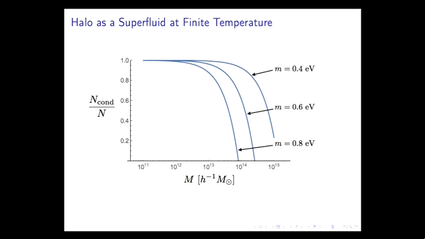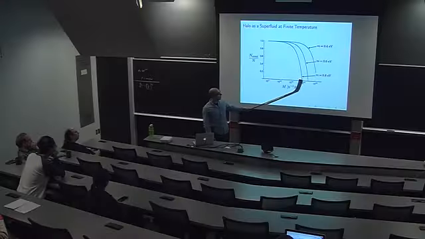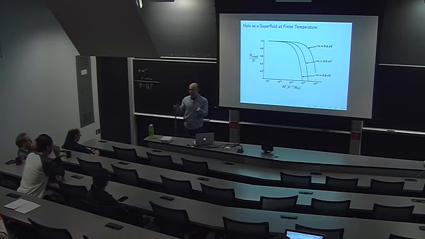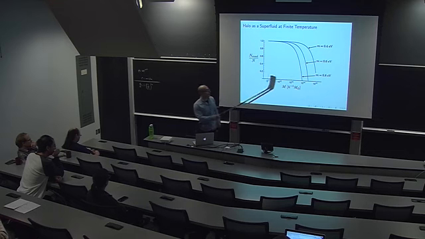Then it's practically completely in the condensate. While clusters are heavy, and they are significantly or completely excited. So the superfluid is not a good approximation in clusters because virialization velocities are higher in clusters, so temperatures are higher.